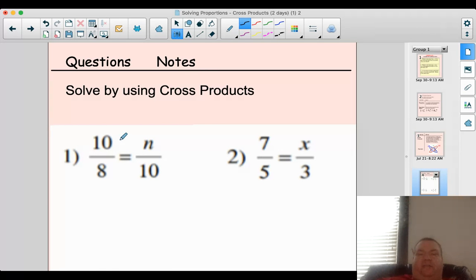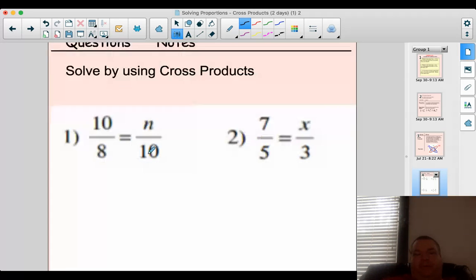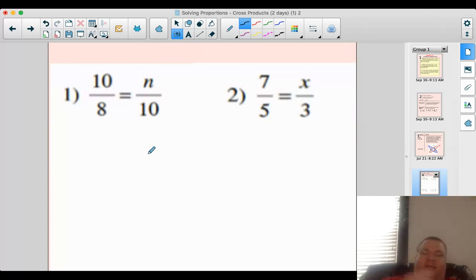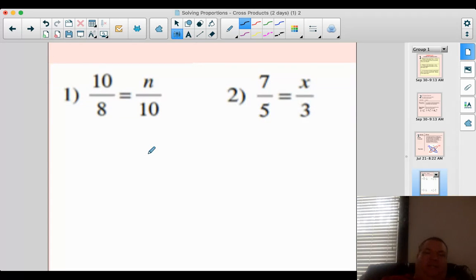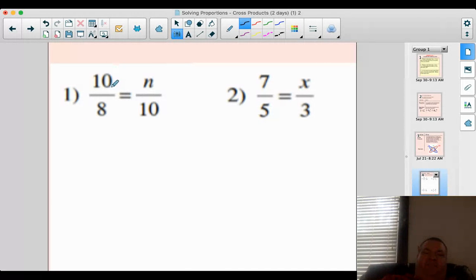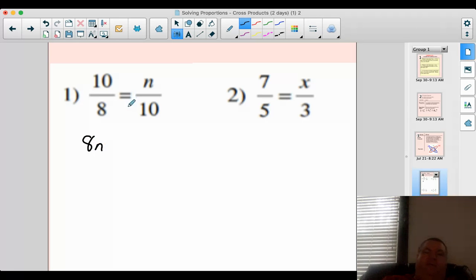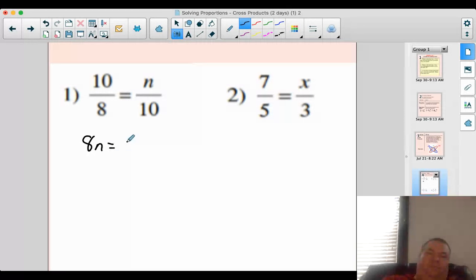All right, and we can use that idea to solve. Because when we're given a proportion like this, we can create an equation that we can use our equation solving skills to solve, that we did last time. So if I have a situation like this, I don't necessarily know what n is, but I do know that 8 times n gives you 8n, you should get something that's equal to 10 times 10, which is 100.